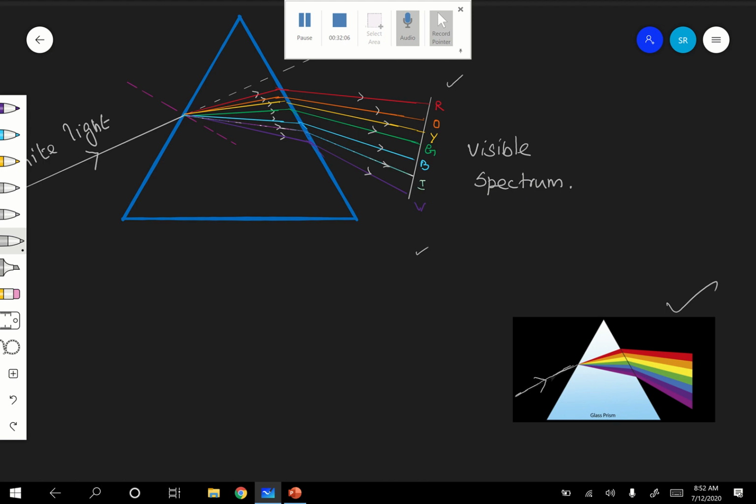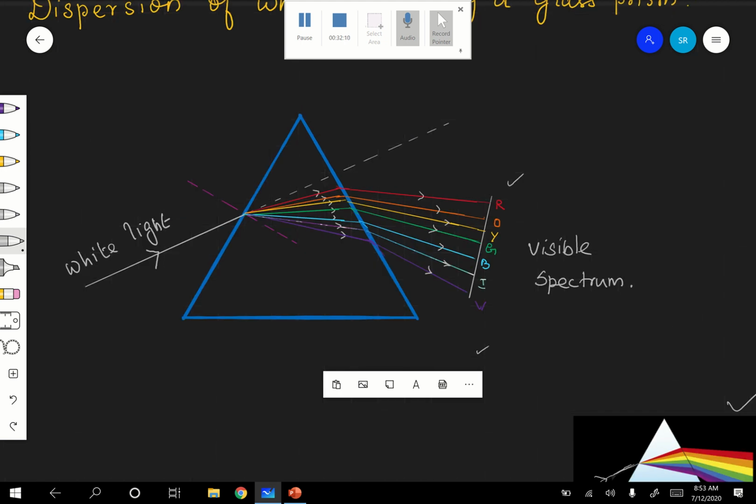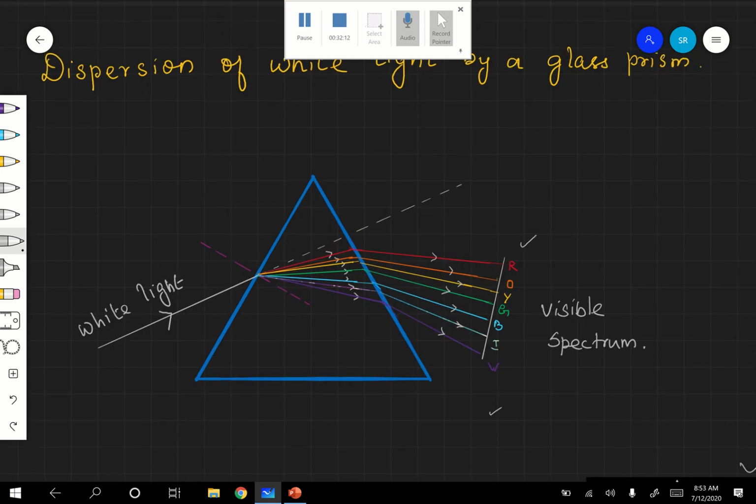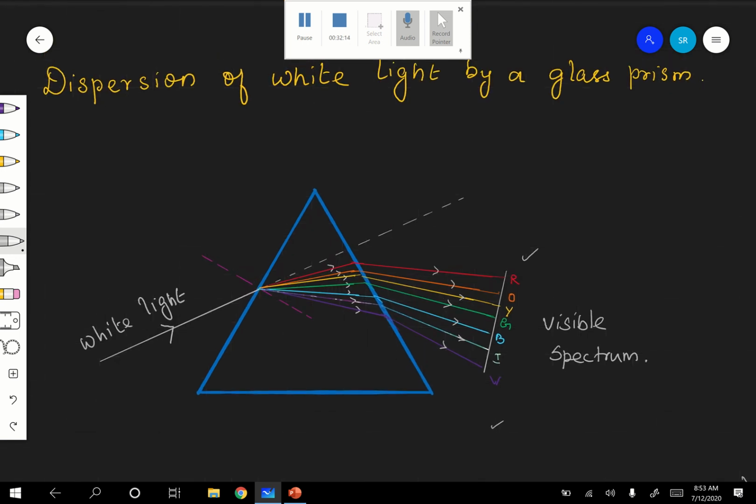Now shall we go for the cause of this dispersion? See, already you have seen refraction. What is the cause of refraction? When light goes from one medium to another medium, its speed changes.